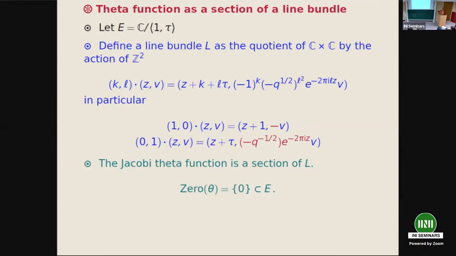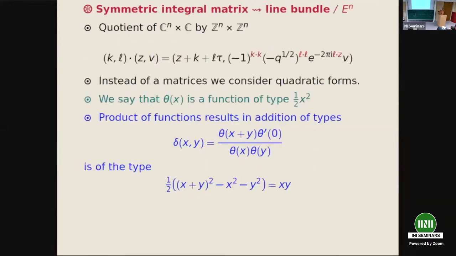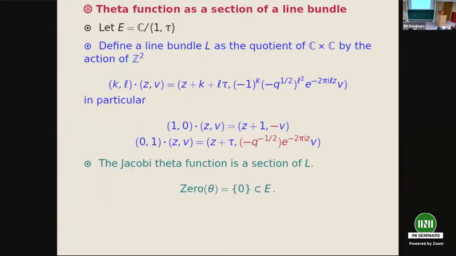Okay, and you look at the theta function as a function on C, but it has some periodicity. So it defines a section of some bundle. This bundle is C times C, you divide the C by a lattice. Here you just divide by the lattice, and here you have this sophisticated transition.